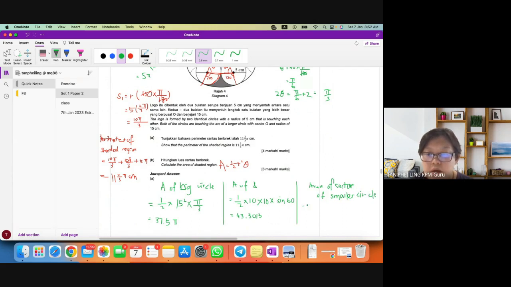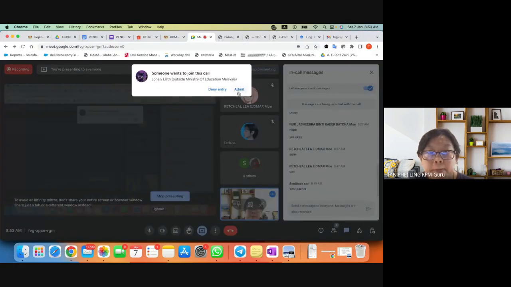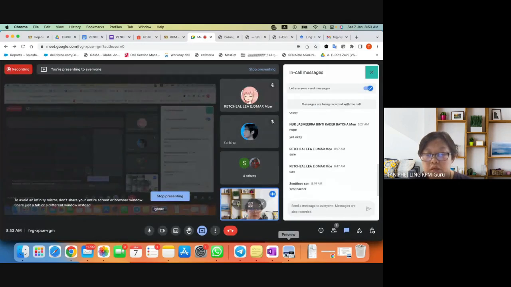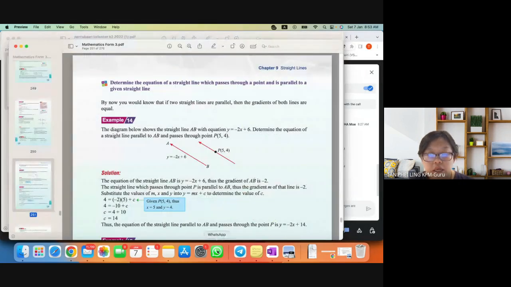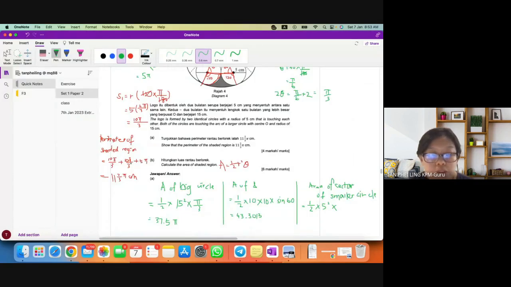Half r square: r is our smaller one, so 5 square, right? And then theta, the theta will be our small circle theta, which we have found just now as 2 pi over 3, right? 2 pi over 3.